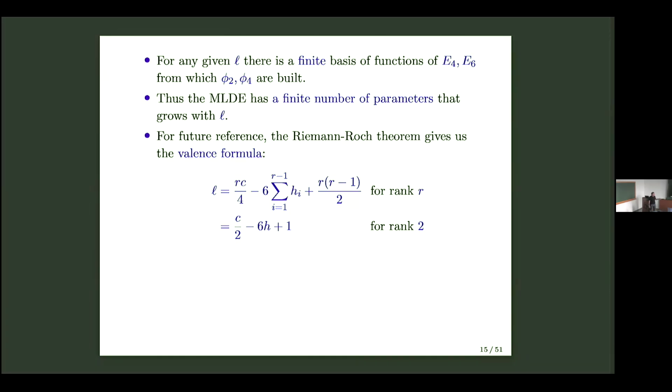Now, you may say, what are c and h? I don't have a CFT yet. They come from the exponents in the equation. So the characters, if you remember, start with q to the alpha_i. Each of those alpha_i's is minus c by 24 plus h_i, so I just give them the name minus c by 24 plus h_i. I don't know that these are c and h of anything, but since they are some numbers, I can parameterize them this way.